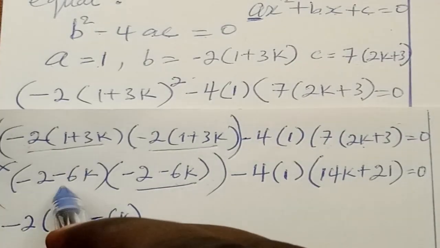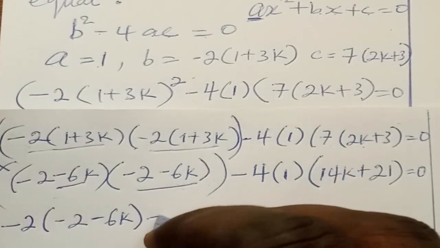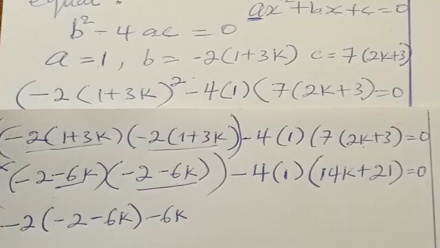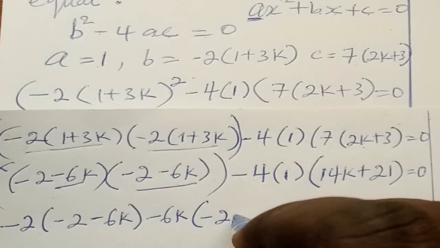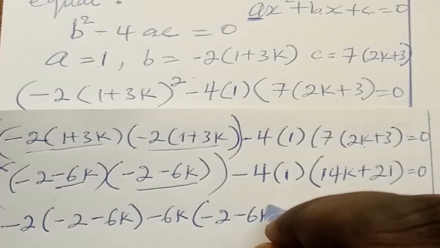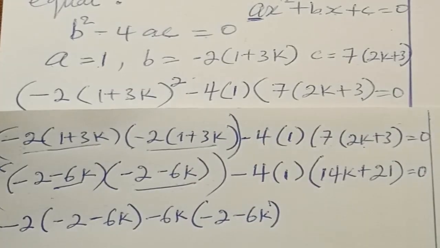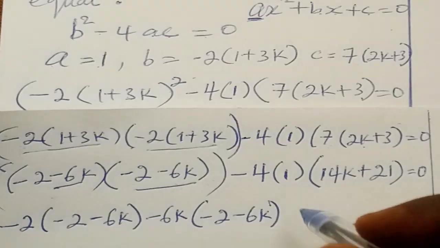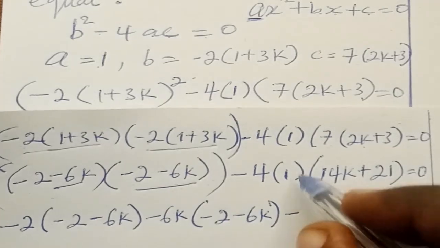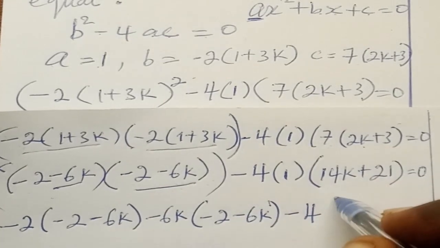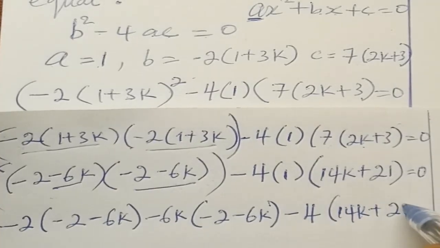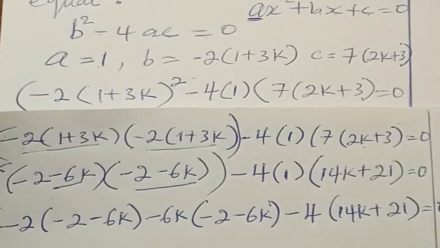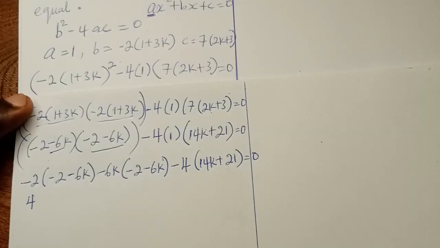Then the next term here is minus 6k, into all of the terms here, minus 2 minus 6k. Then we rearrange this again, which is minus 4 times 1, just minus 4 into 14k plus 21 is equal to 0. Let's now try to express this.